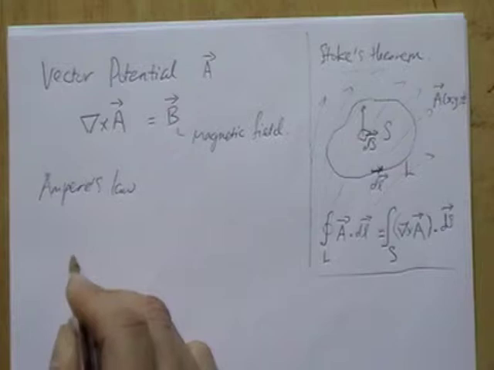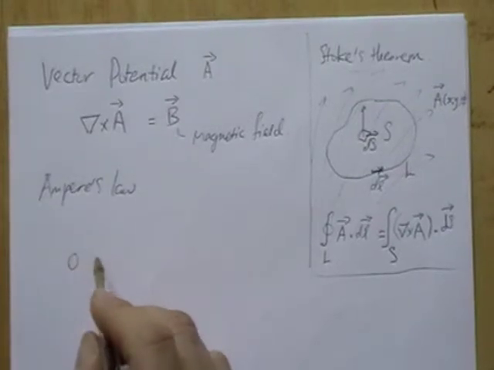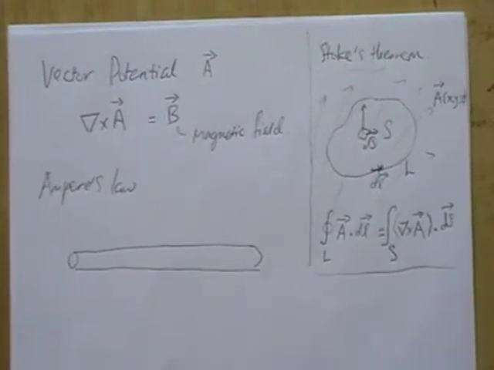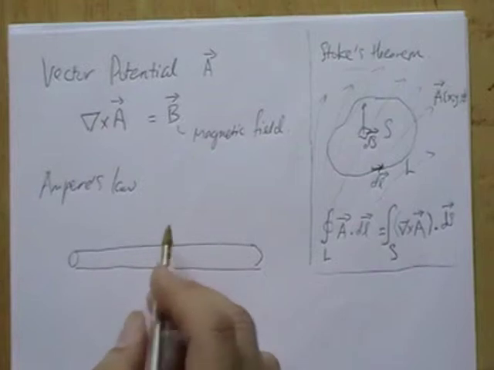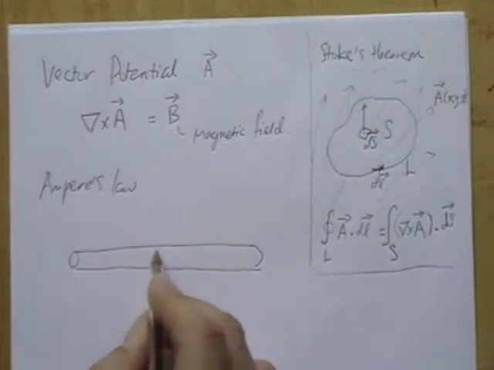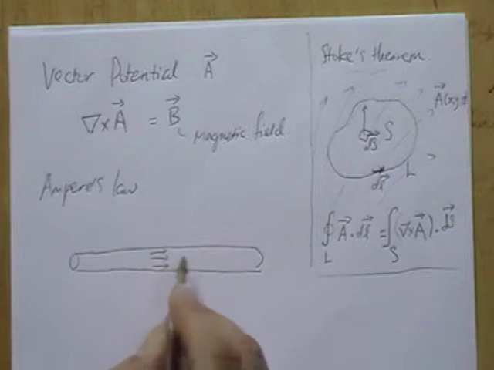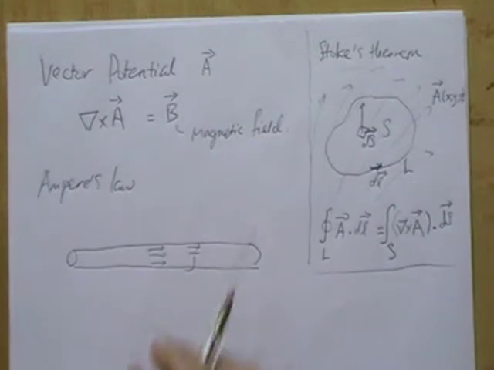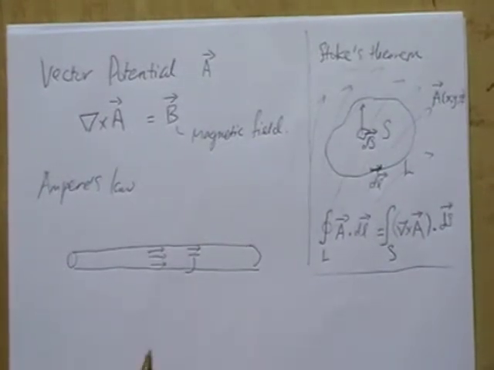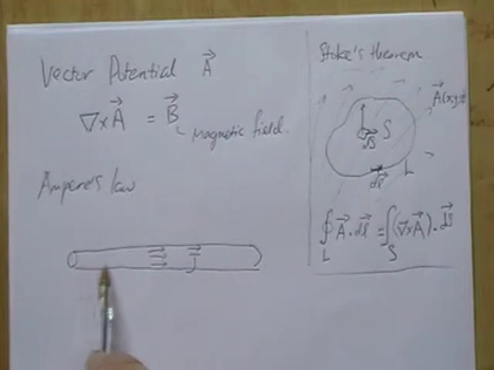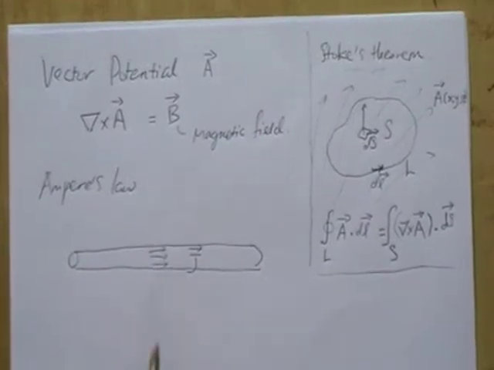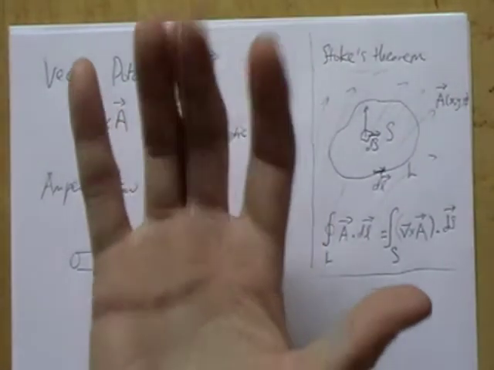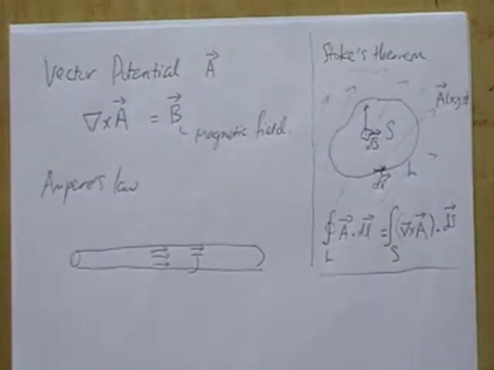In Ampere's law, a simple example involves a straight conductor, just a piece of wire, with a certain current density, vector J. When I have such a current, there would be a magnetic field around it whose direction is given by the right-hand thumb rule.